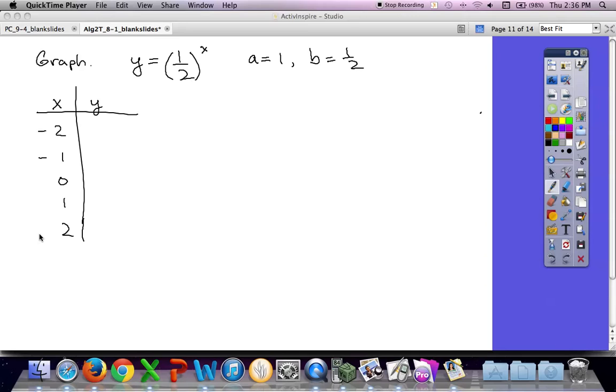Right. So that will be 1/2 to the -2. How do I resolve a negative exponent? How do I simplify? You flip it to the other side of the fraction, right?